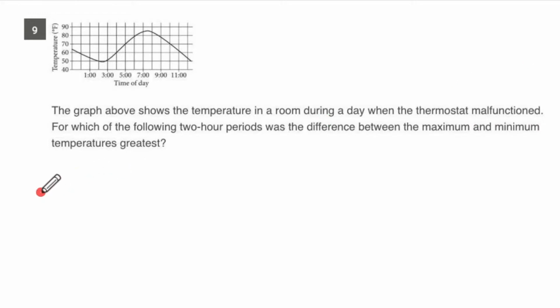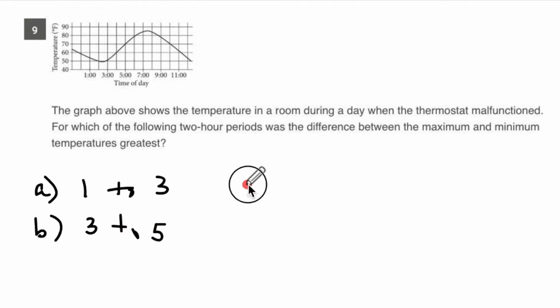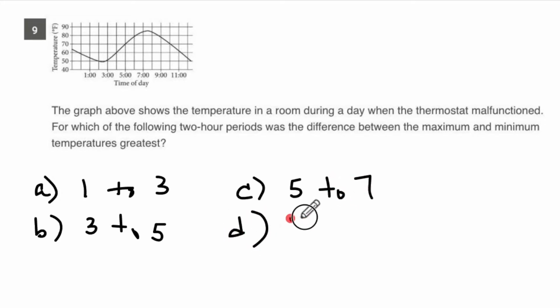So the answers were A was between 1 to 3. B was between 3 to 5. C was 5 to 7. And D was 7 to 9. So we're just going to look at each of those intervals and see which one was the steepest.